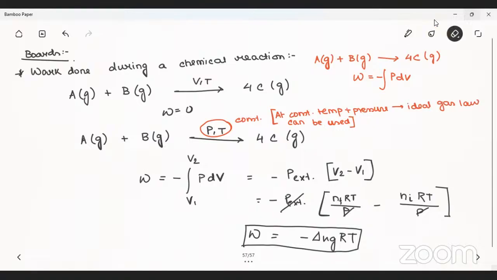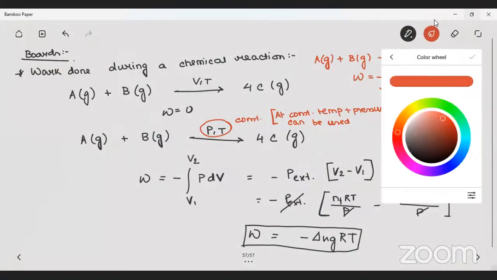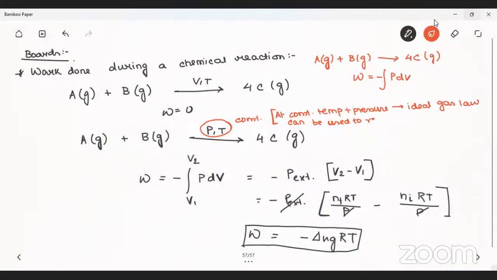Let me write this. Used to relate the volume of gas with the number of moles. That is PV equals nRT.